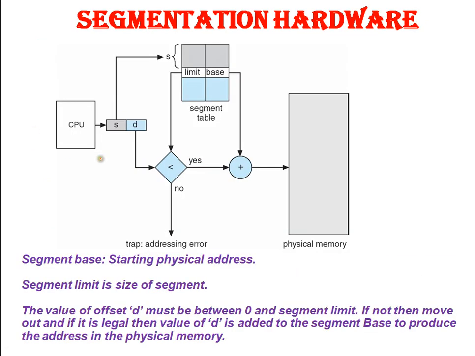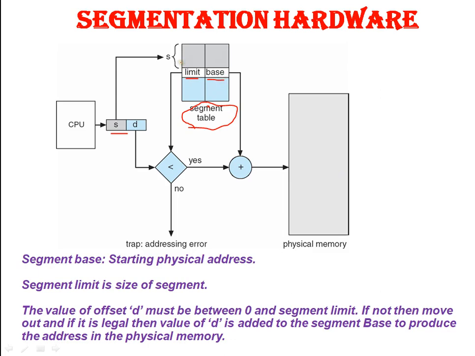As you can see here, the CPU generates a logical address. Instead of a page number, it has a segment number, and this segment number is looked up in the segment table. In paging you have a page table; in segmentation you have a segment table. In the segment table you have two things to remember: limit and base.